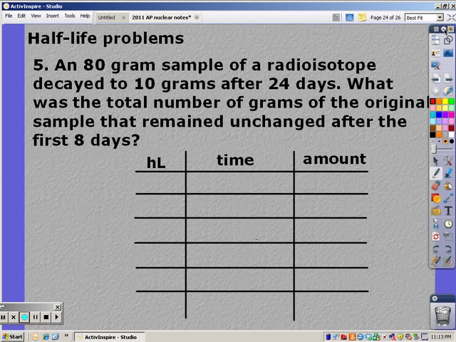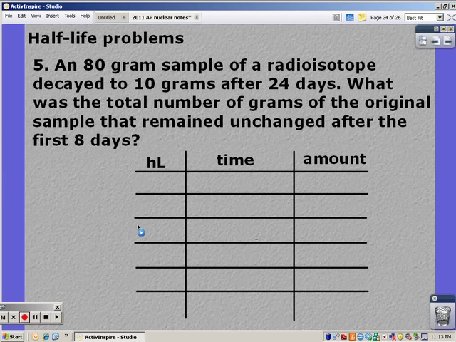Pause the video and try this one on your own. So 0 half-lives, 0 time, and we're starting with 80 grams. And we're going to keep going. We don't know how long one half-life is though because it doesn't say.